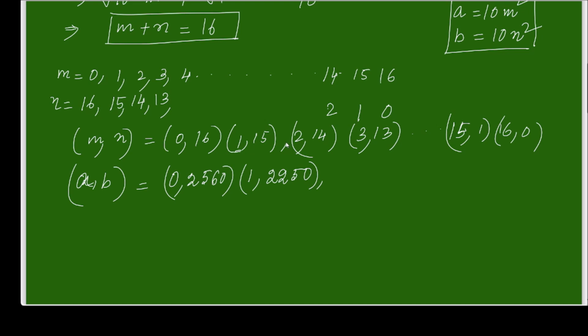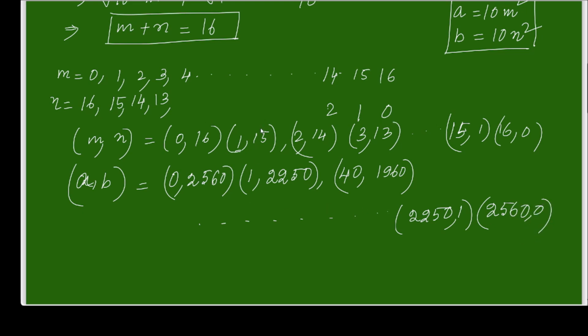Now coming to the second one, 4 square, 1 is 4, square into 10 is 40. And 2, 14. 14 square is equal to 196, so it will be 1960. And so on. The last one is again 2560 and 0. So in between there will be 7 pairs.